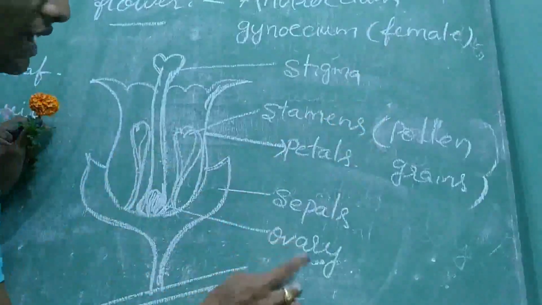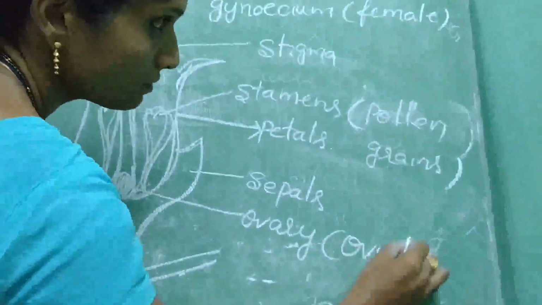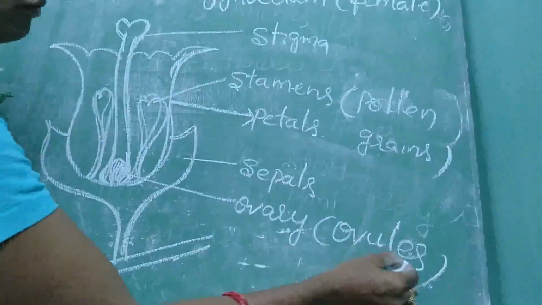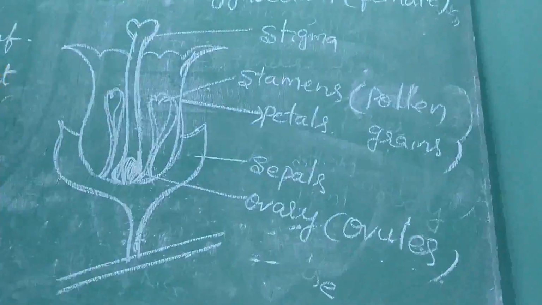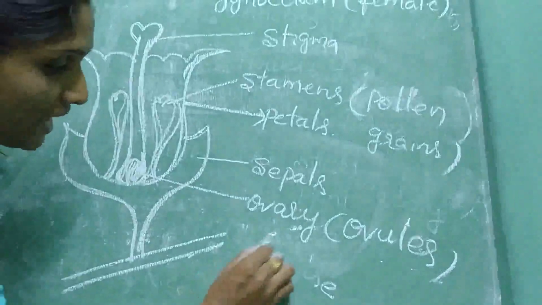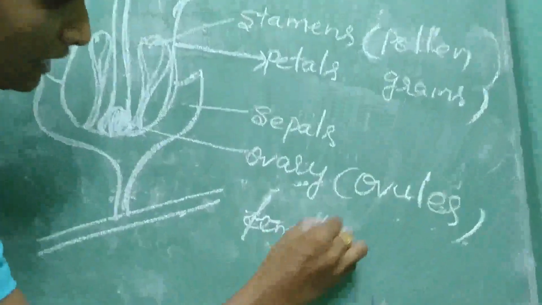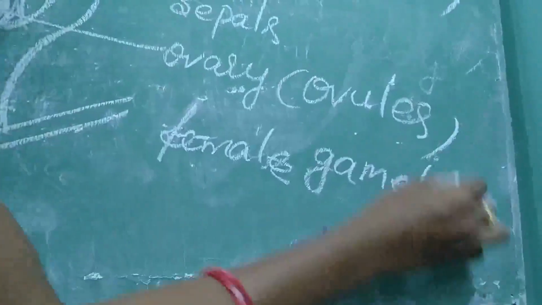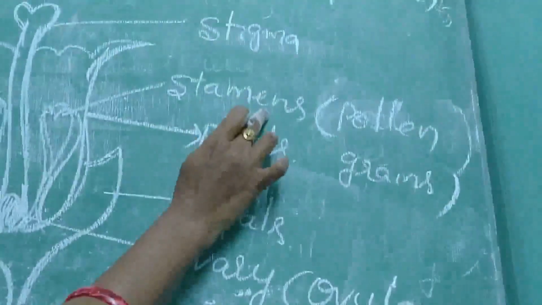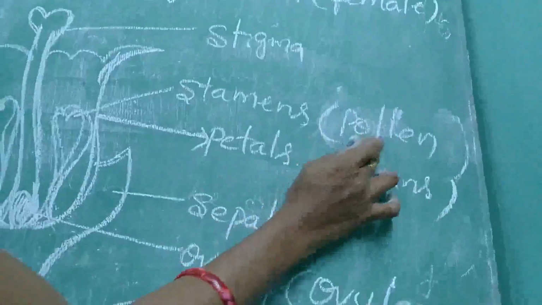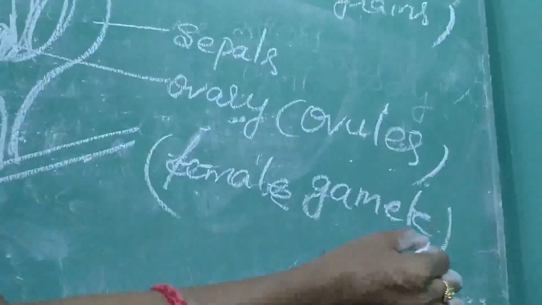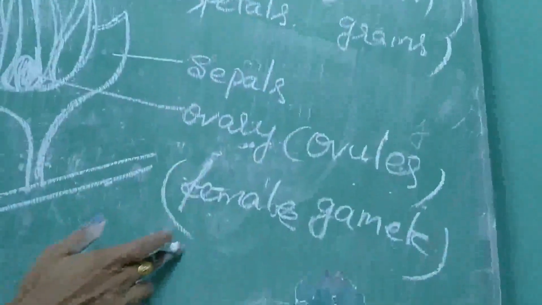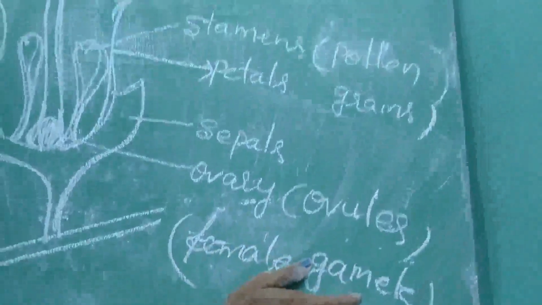The female part consists of ovules. The other name of ovules is female gametes. Pollen grains are called male gametes and ovules are called female gametes.